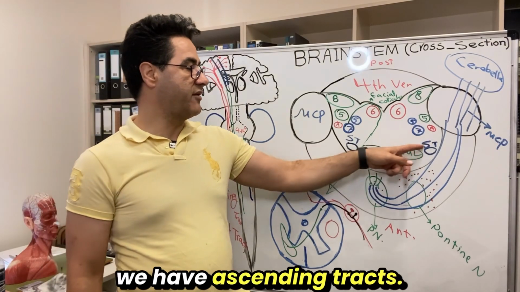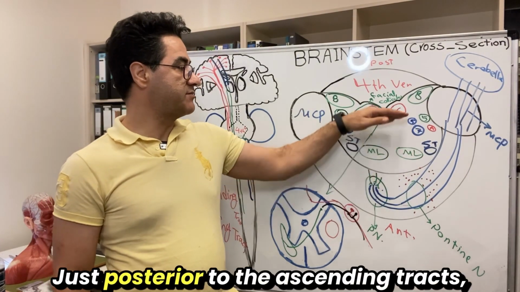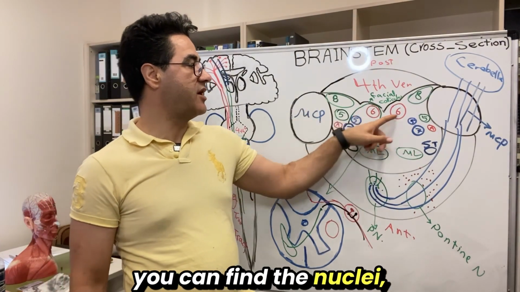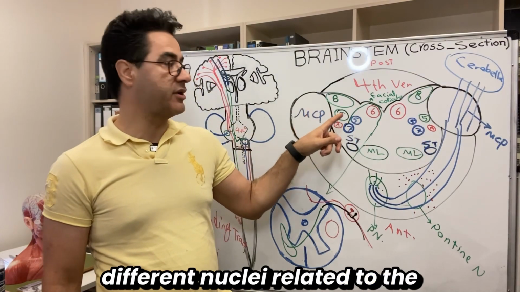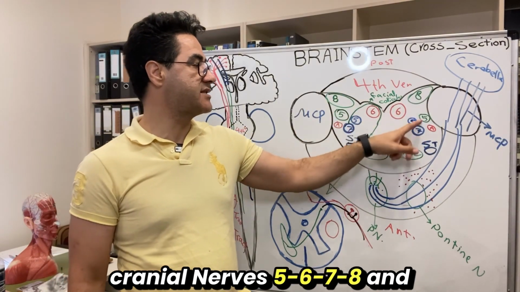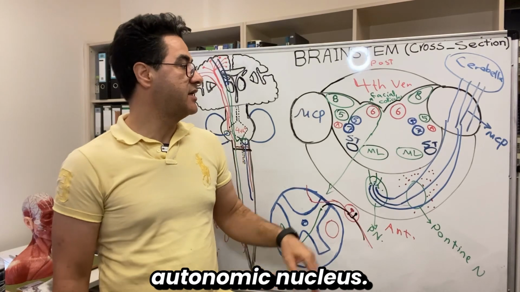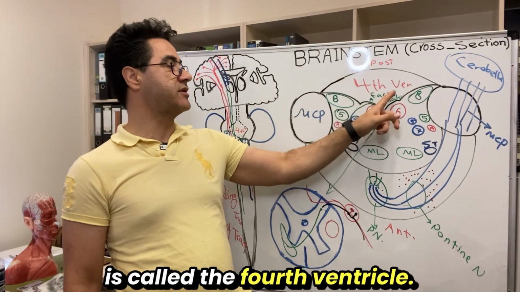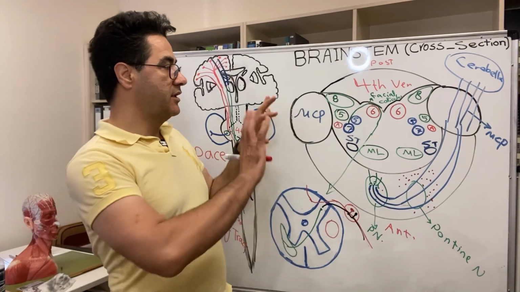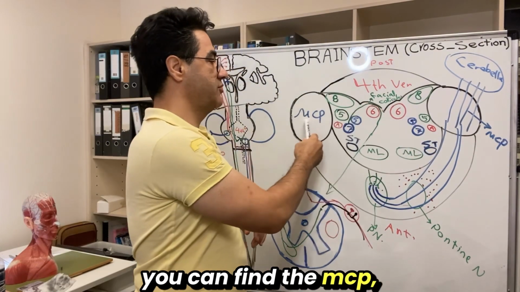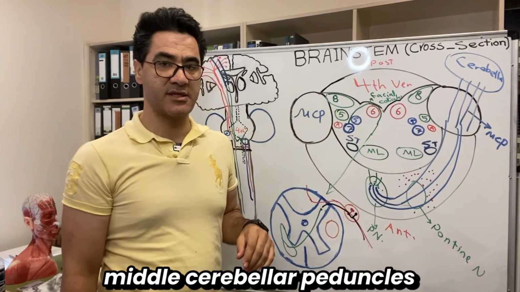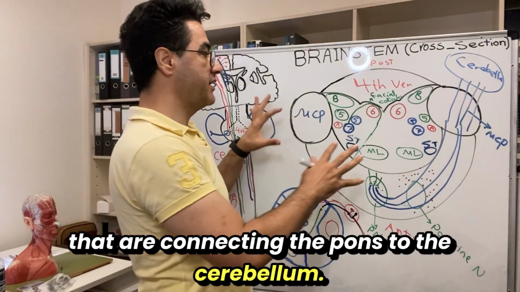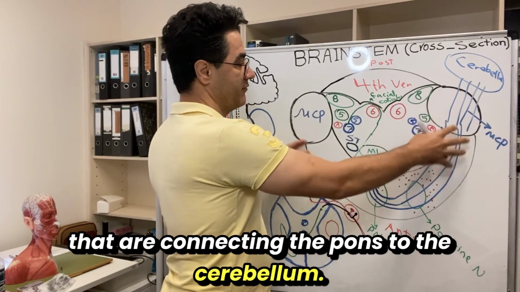At the back, we have ascending tracts. Just posterior to the ascending tracts, you can find the different nuclei related to the cranial nerve 5, 6, 7, 8, and autonomic nucleus. And finally, the most posterior one is the space, which is called the fourth ventricle. On either side of the fourth ventricle, you can find the MCP, middle cerebellar peduncles, that are connecting the pons to the cerebellum.